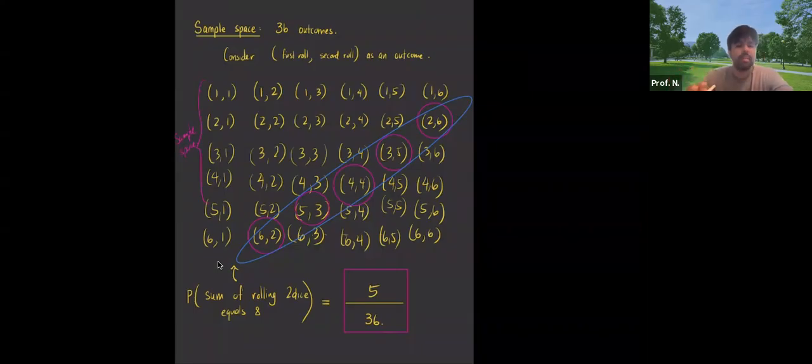But we're considering them as different outcomes, giving you the same result. They're different because the first roll is a 6, then it's the 2, or first the 2, then the 6. We made it that way from the beginning. So yes, the order does matter, but I made it matter because I wanted to write it this way.